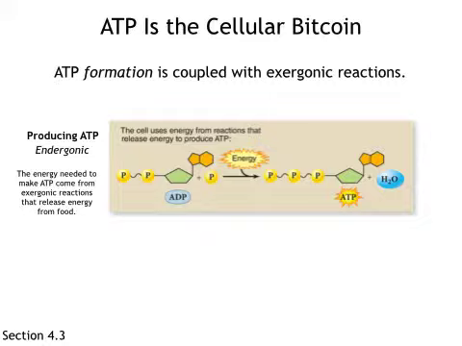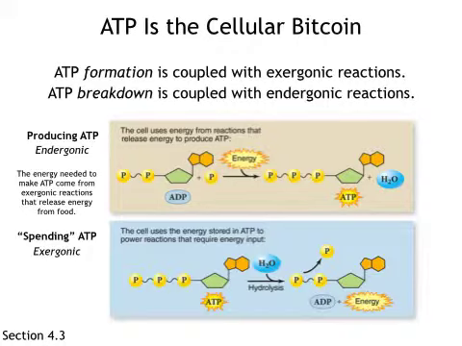The exergonic reactions are the reactions that are breaking down food in order to give mitochondria energy to make ATP, right? So if you think about it, the mitochondria are like the translators. They translate the energy from food into energy for cells, ATP.